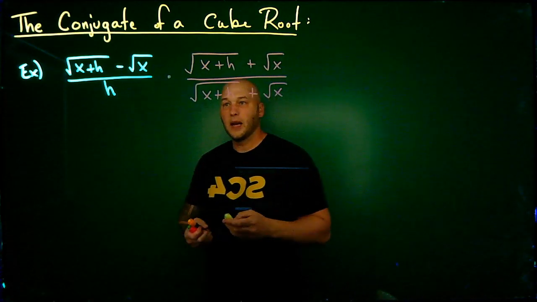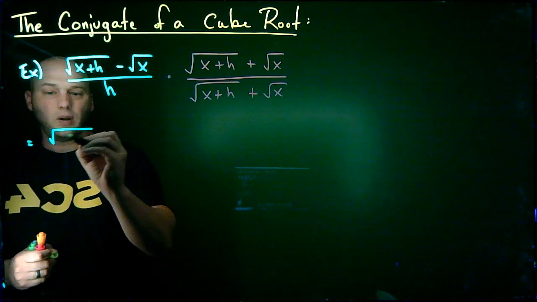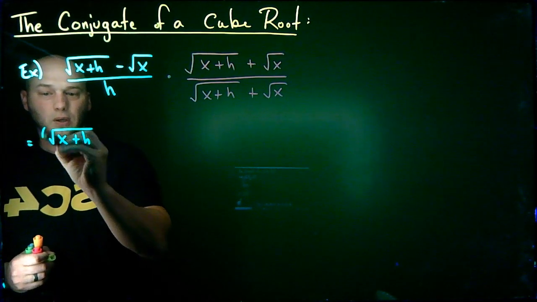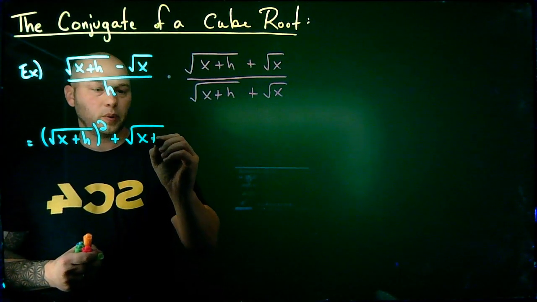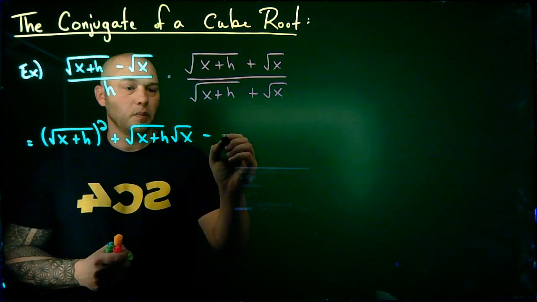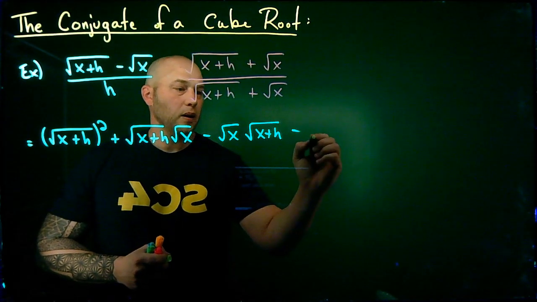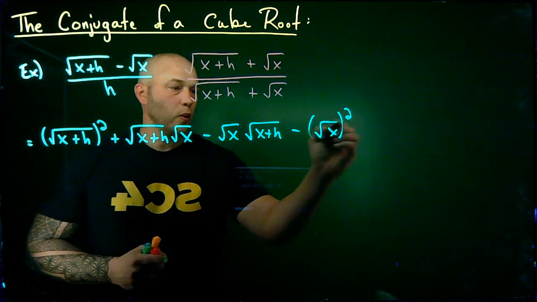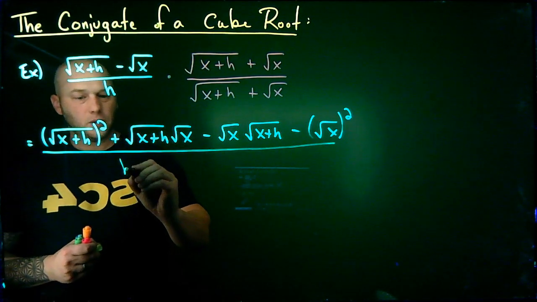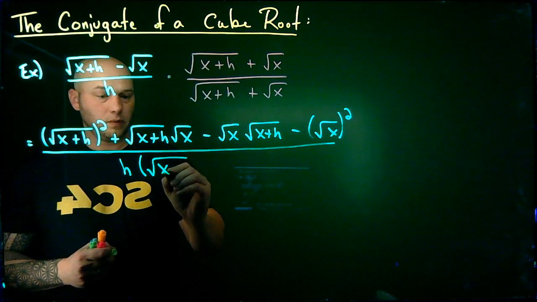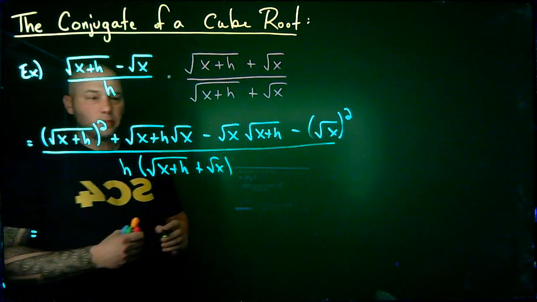And when I multiply the conjugate pair in this case, I'm going to get the square root of x plus h quantity squared plus the square root of x plus h times root x minus root x times the square root of x plus h minus the square root of x squared, all over h times the conjugate. Okay. And then what happens when we simplify this?